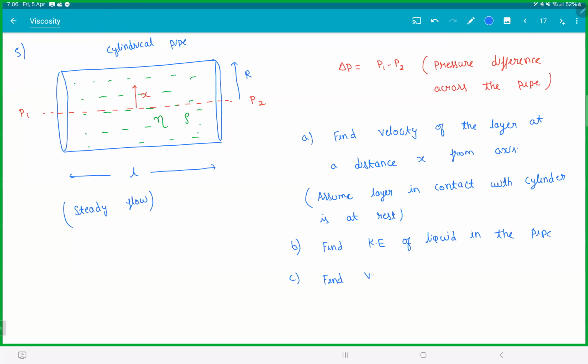Find the volume flow per second. How much liquid is flowing out of the pipe every second? At what distance x is there a maximum flow per unit thickness?